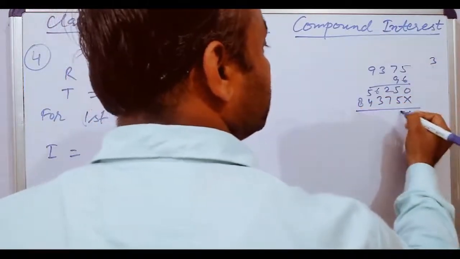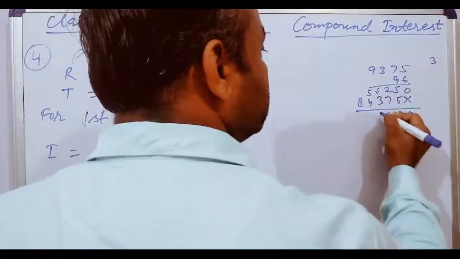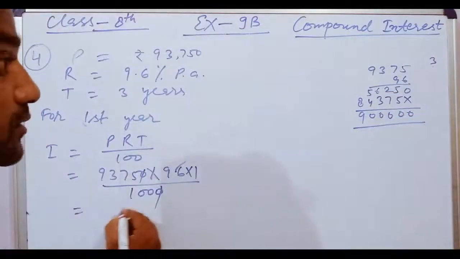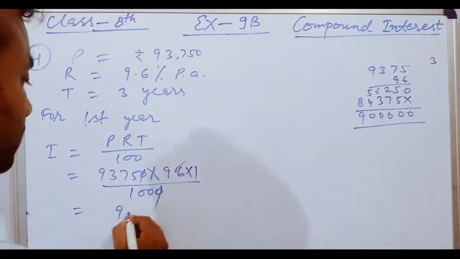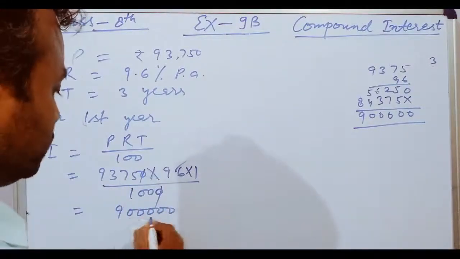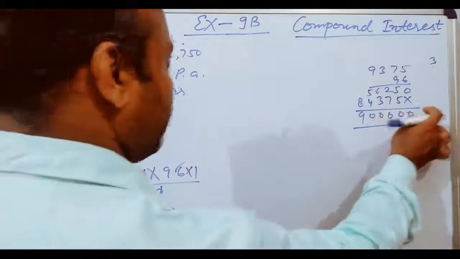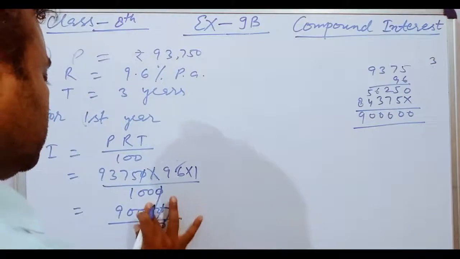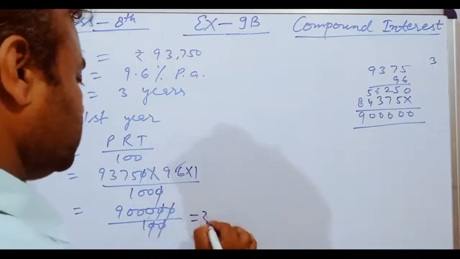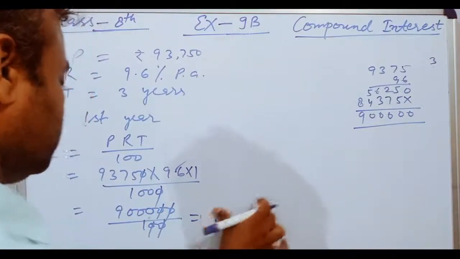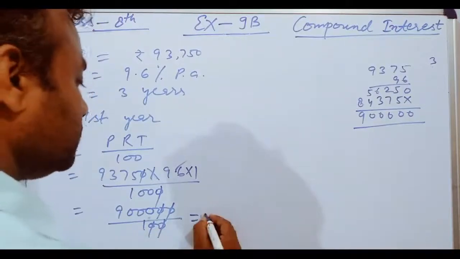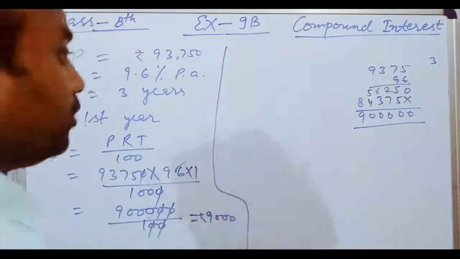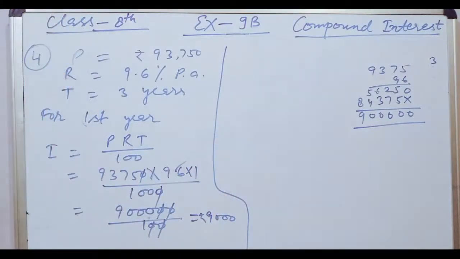The product is 900,000. Five zeros will increase, upon 100, cancel. Now it is 9,000 rupees.